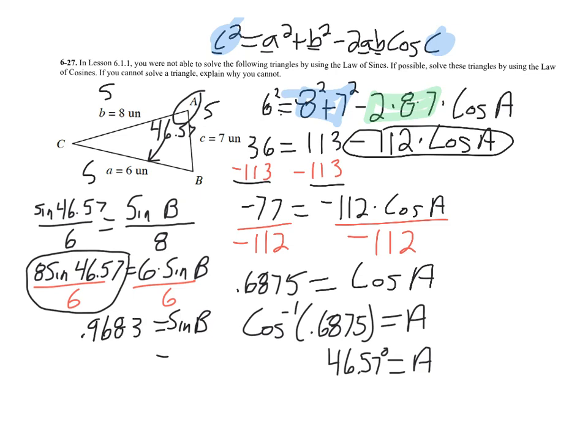Take the inverse sine of both sides. And B comes out to be 75.53 degrees.